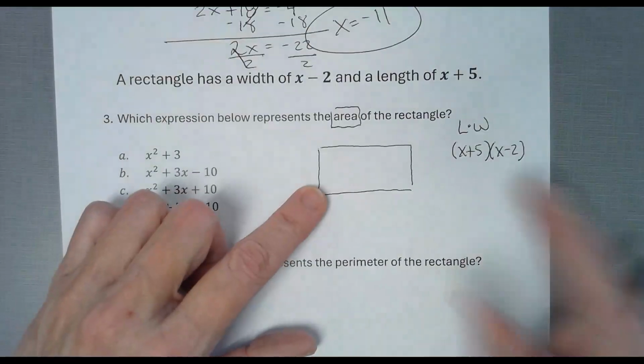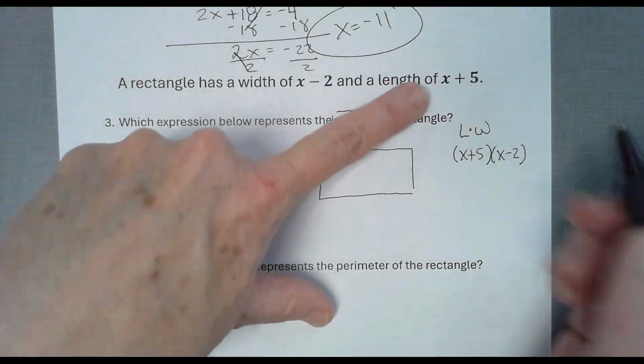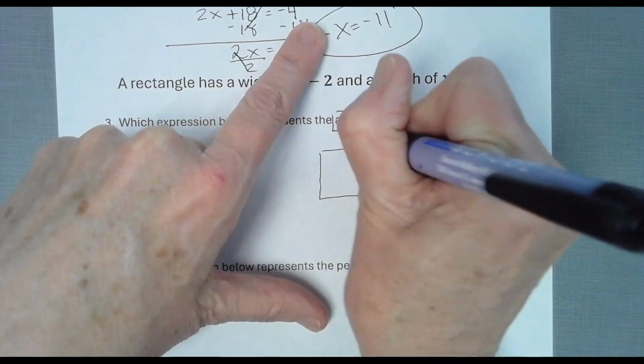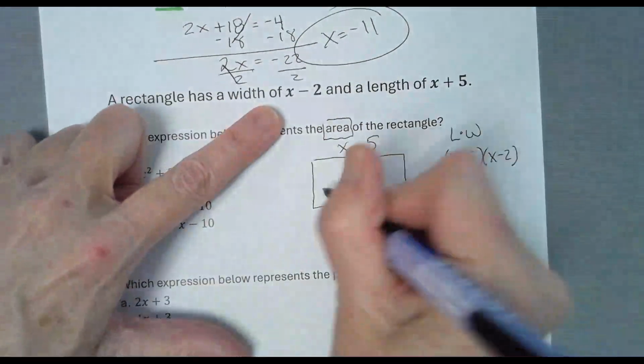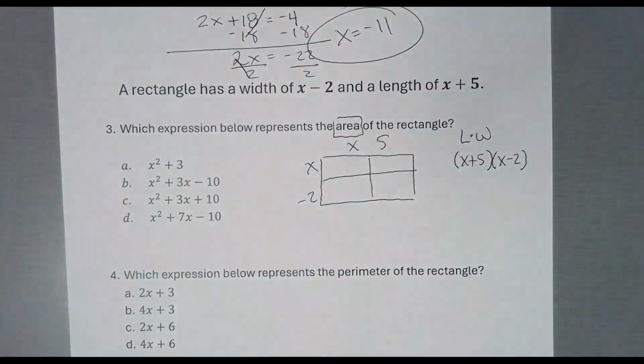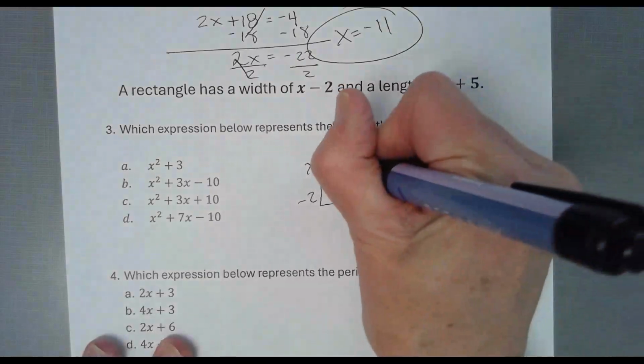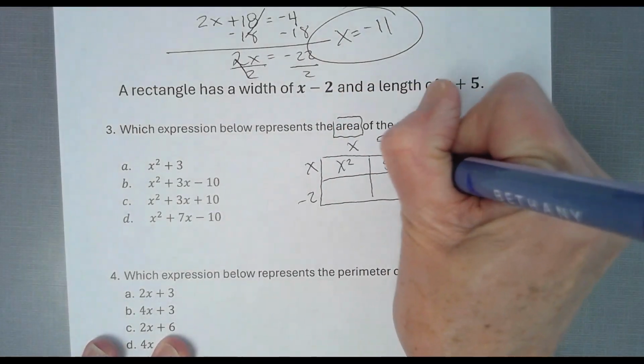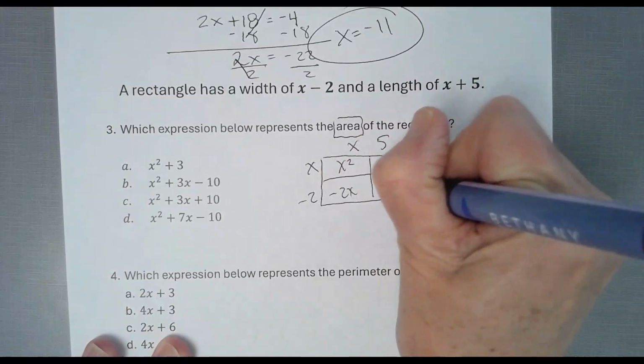Okay, so check this out. X plus 5, there's your X and your 5. X and negative 2. So those boxes are area models. When they say find the area, that's what you've done. So we got X squared, 5X, negative 2X, and negative 10.